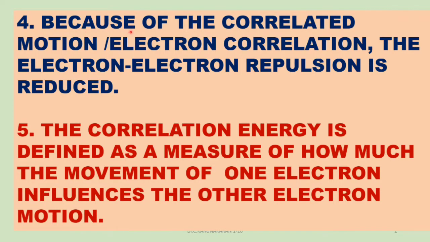Because of the correlated motion, that is electron correlation, the electron-electron repulsion is considerably reduced. Therefore, the correlation energy is defined as a measure of how much the movement of one electron influences the motion of the other electron.